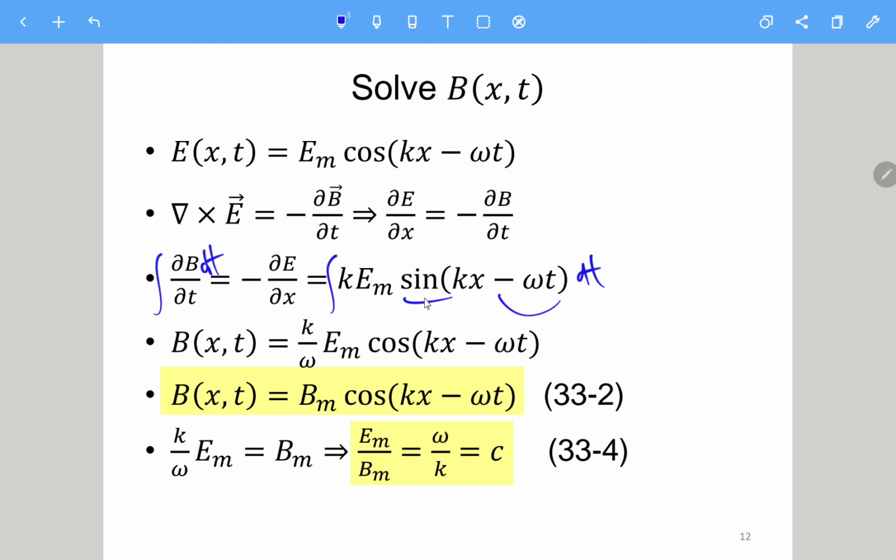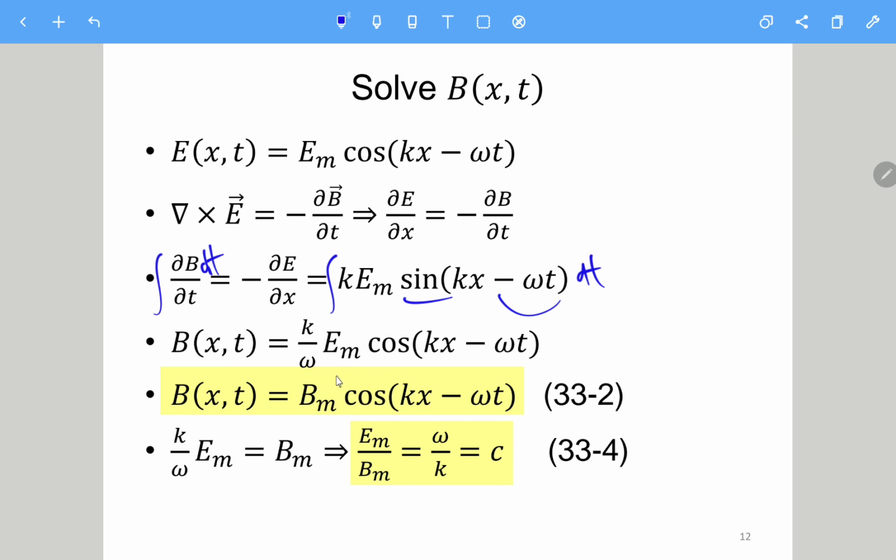This negative sign and this negative sign cancel each other, so it is still a positive sign. Then we have k over omega, E_m, and sine becomes cosine. So it goes back to cosine(kx minus omega t), like the E field.